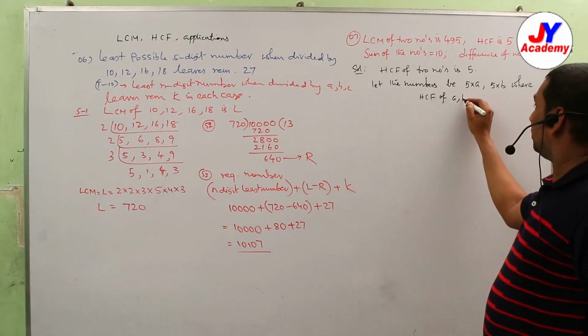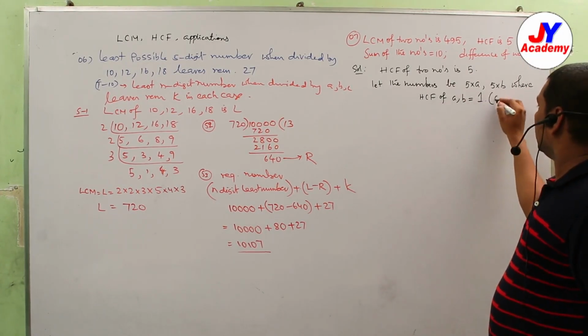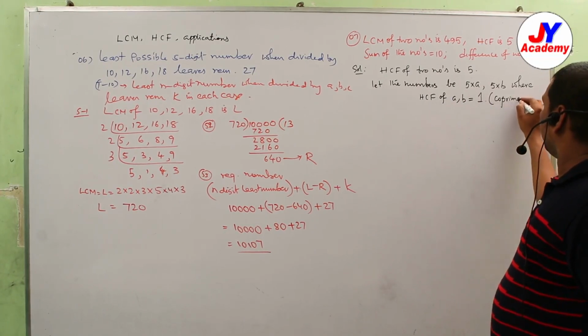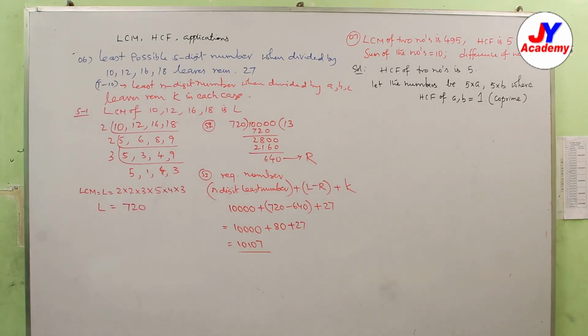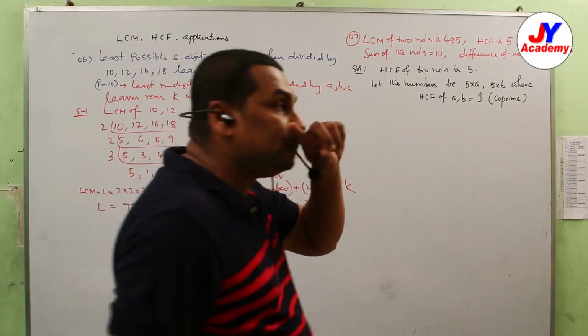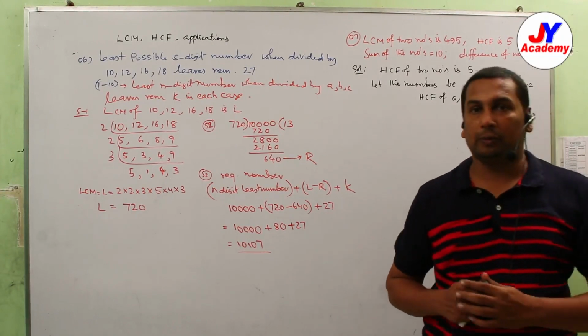HCF of A, B should be 1. That is, co-prime or relative prime.